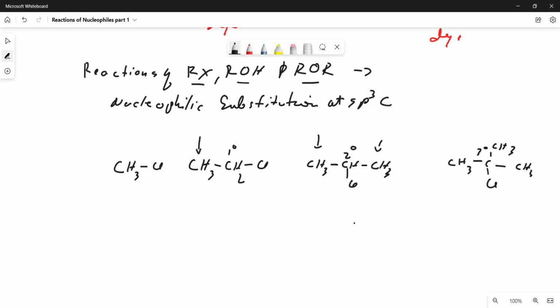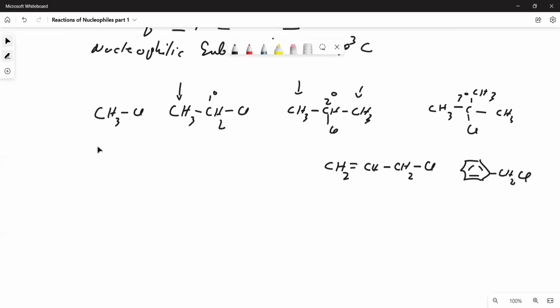And then we have two special types of alkyl halides. You have the allyl halide like allyl chloride, and the benzyl halide like benzyl chloride. These are the common alkyl halides that we encounter in nucleophilic substitution. To illustrate the general reaction, representing X as the halogen, halogens are very good leaving groups.